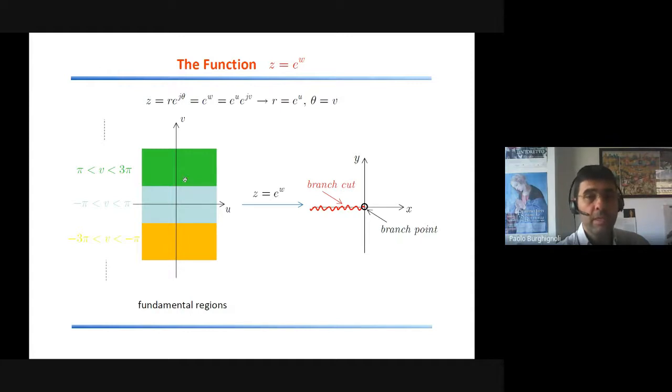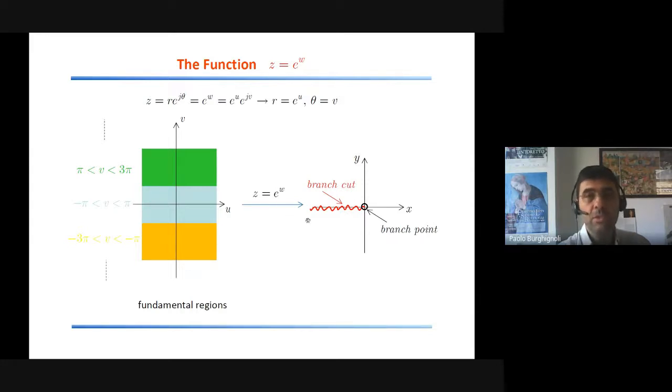That's because the exponential map takes any of those regions onto the entire z-plane with the exception of a branch cut, which is conventionally chosen to run along the negative real axis. So we have a branch point, 0, and a branch cut along the negative real axis.